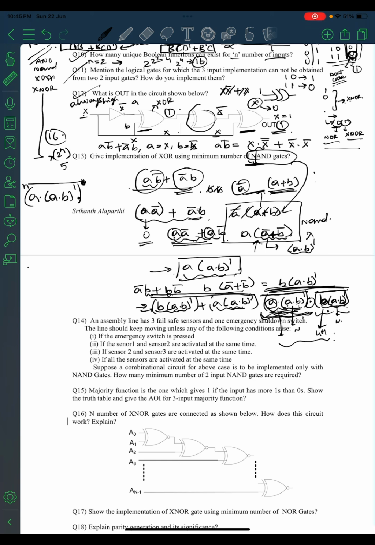I will keep A bar over there, dot B into (A dot B) whole complement bar and whole bar. This is the answer.